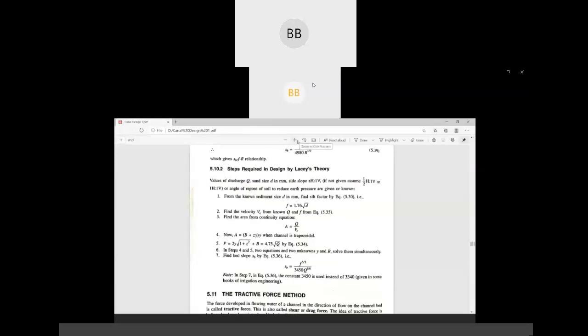To perform Lacey's theory, definitely we should know the discharge. For this discharge, we are going to design that particular canal. It is also called design discharge.